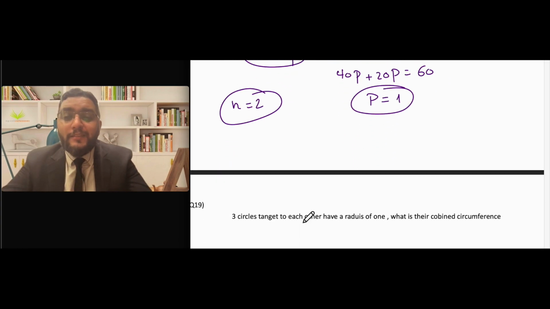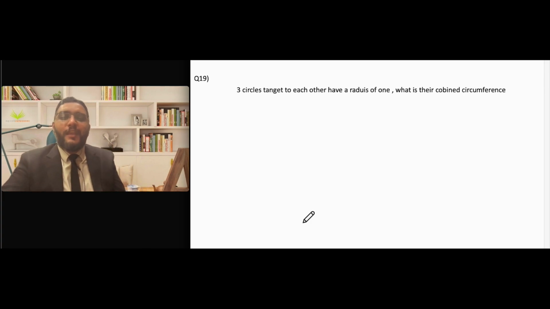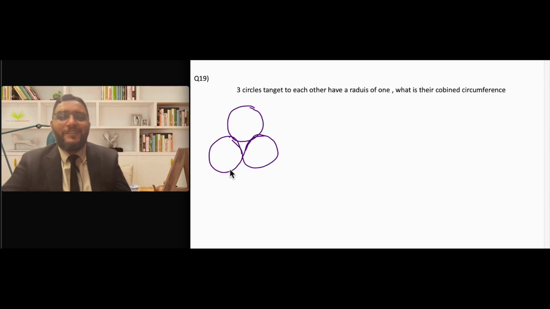Let's move to question 19. 3 circles tangent to each other have a radius of 1. You have 3 circles like that. They are tangent to each other. Sorry for my handwriting. You have 3 circles and they are equal in radii, and the radius of each one is 1.